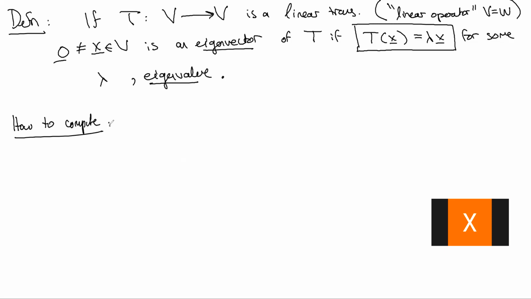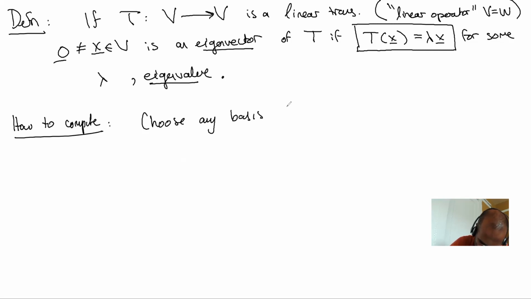A basis, yeah. So choose any basis B of the vector space. And now compute the matrix of T with respect to that basis. So let A be the matrix, which is now this.